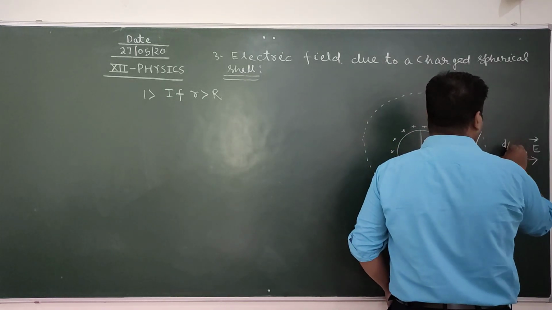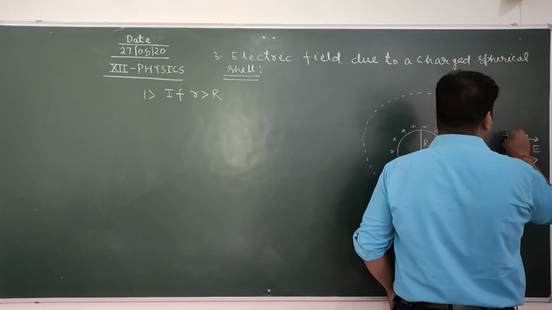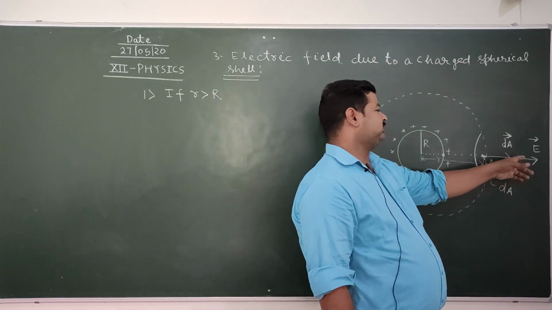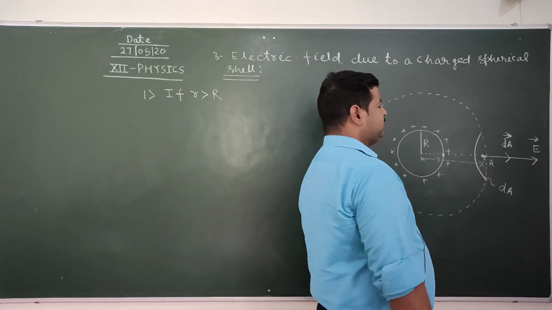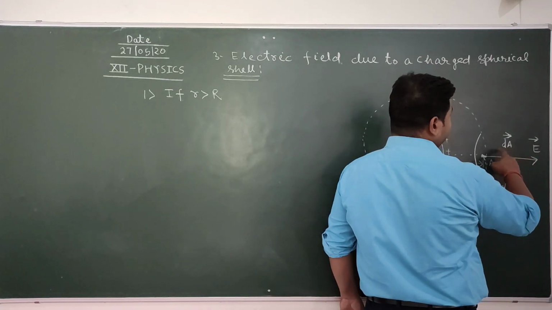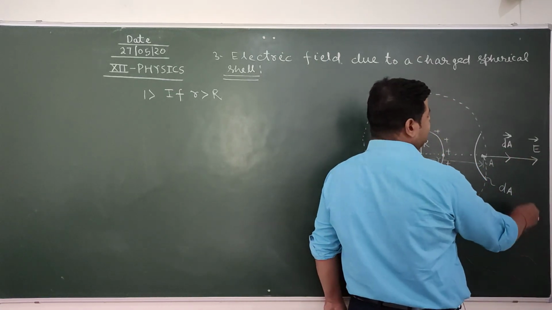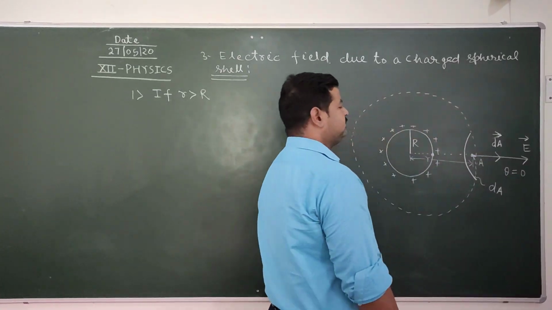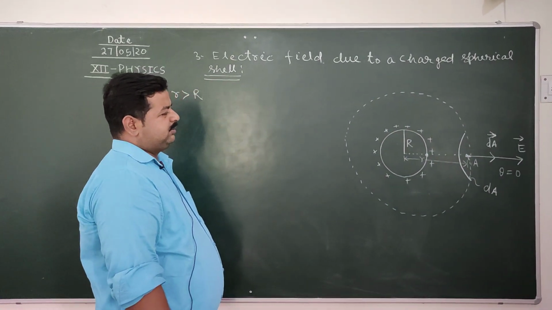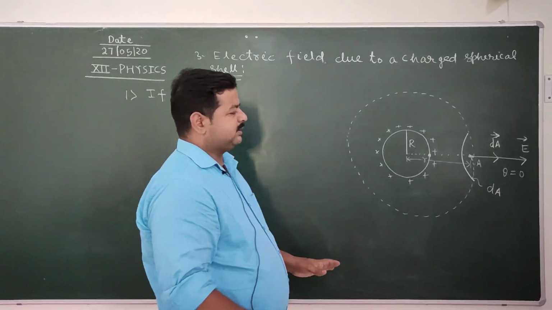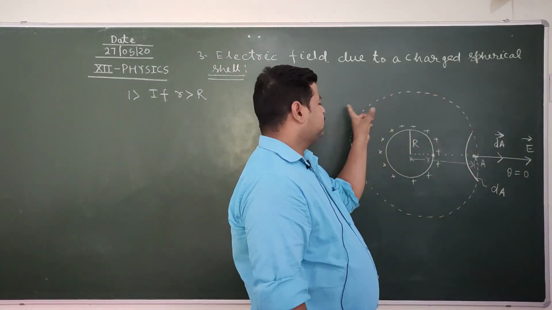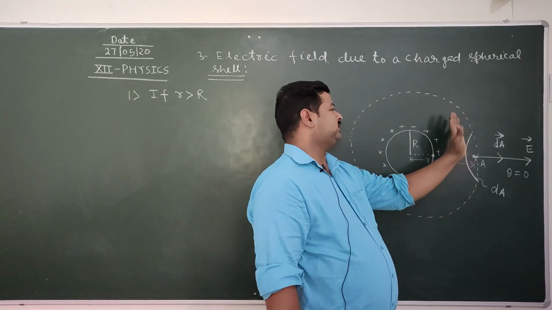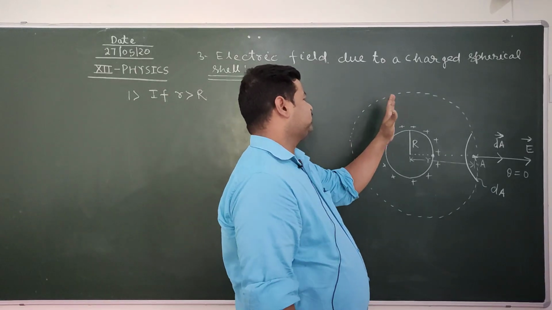And area vector of this surface element is also along the direction of electric field of the shell. So here we draw the diagram in which area vector lies along the electric field. So here we observe that the electric field and area vector both are in same direction. So here we write the angle between electric field and area vector is equal to 0. So we calculate the electric flux from the Gaussian surface, that is imaginary surface, and as well as closed surface.